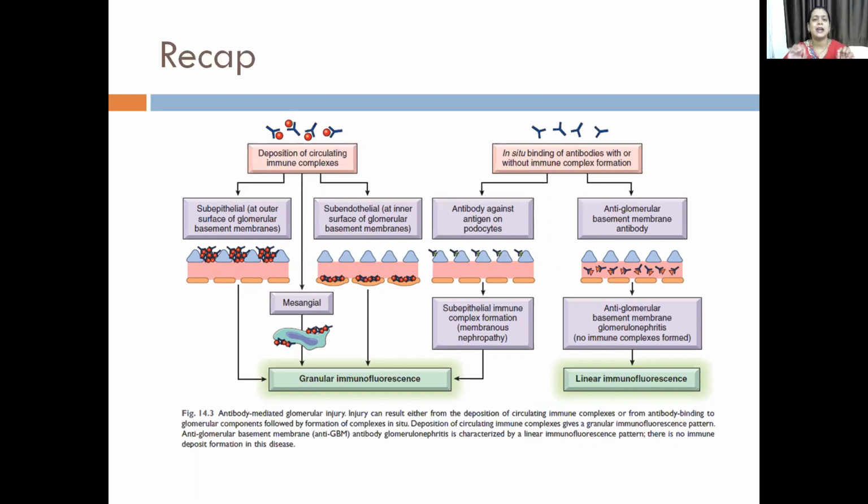Other than this, there can be capillary or mesangial changes. Just remember these terminologies, which are very important, right?